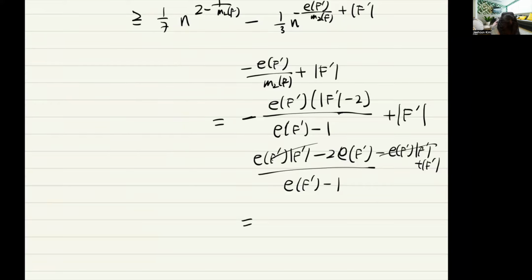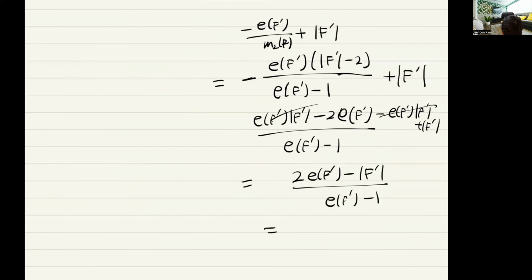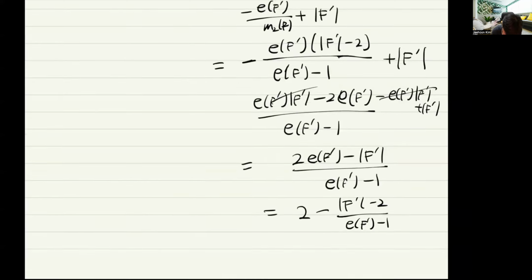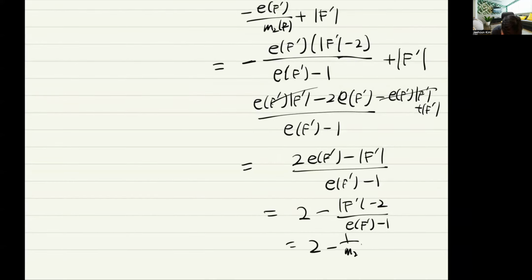So what you get? 2e of f prime minus f prime over e of f prime minus 1, which is 2 minus f prime minus 2 over e of f prime minus 1. So this is 2 minus 1 over m of f.